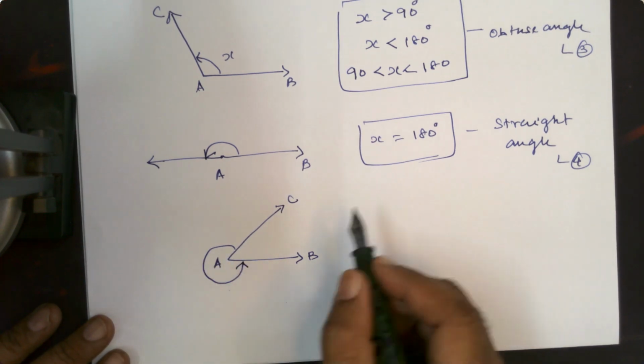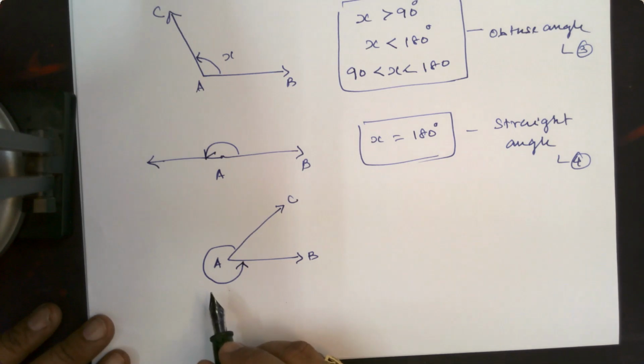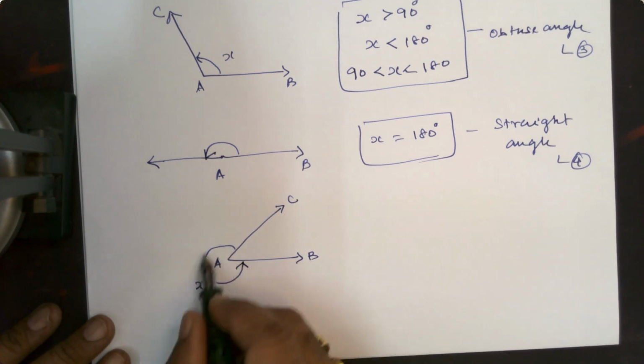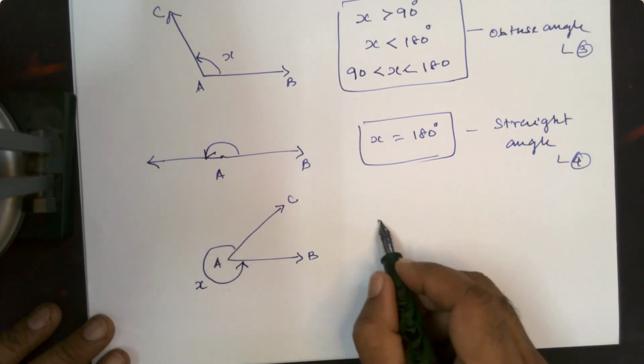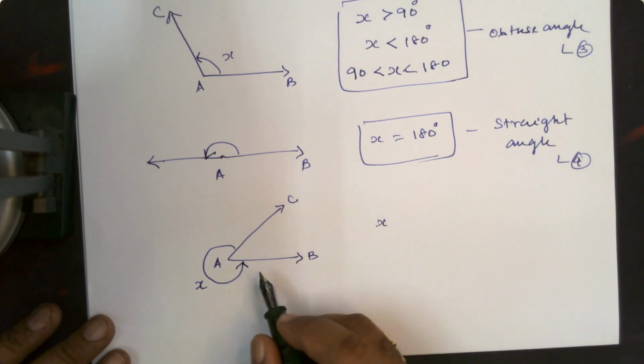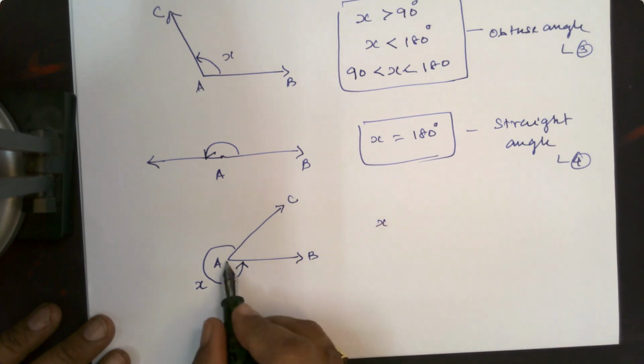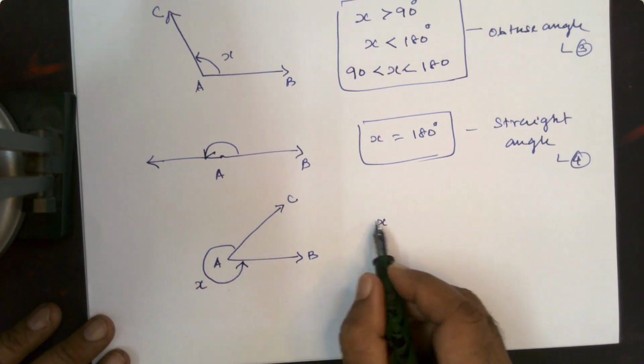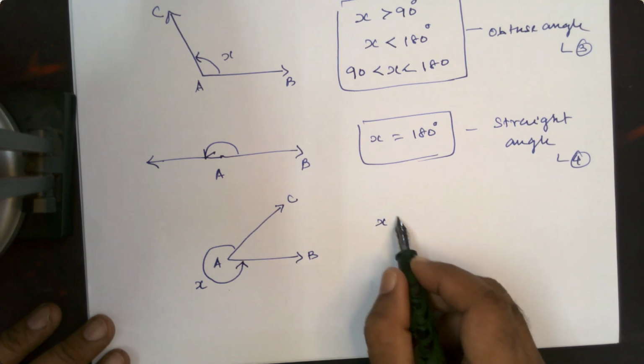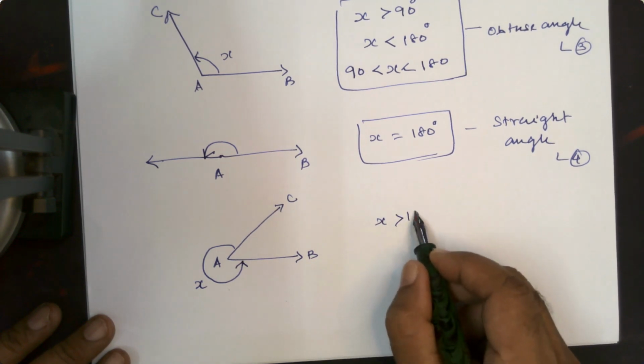So this is called a reflex angle. Let me call it x. In that case, x is greater than 180 and less than 360.